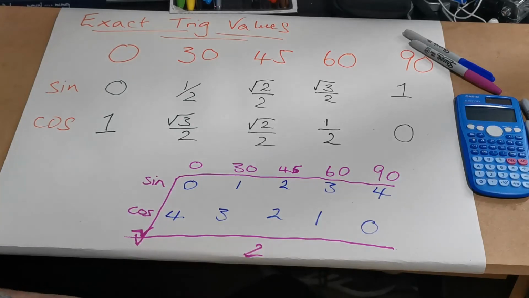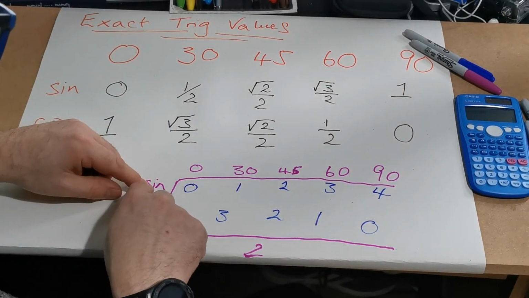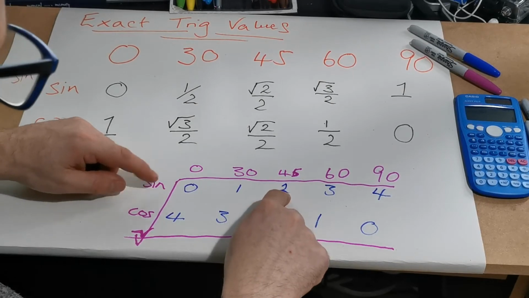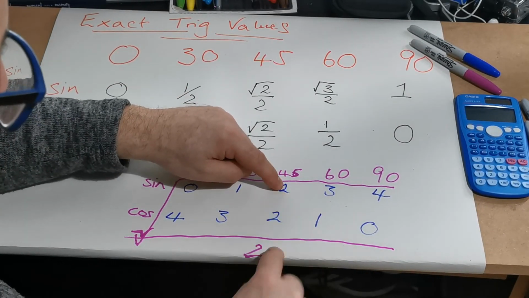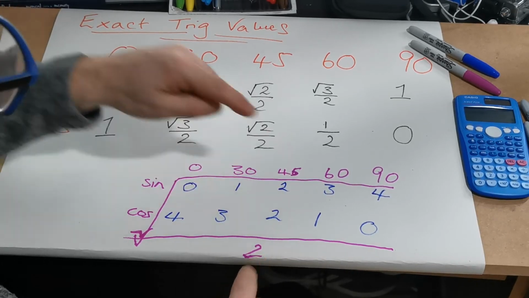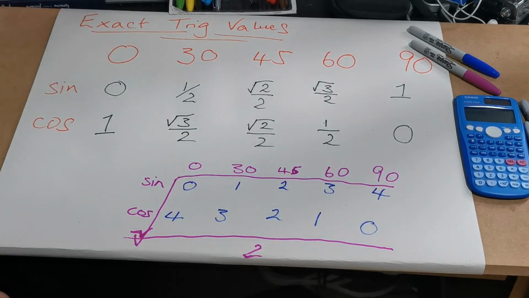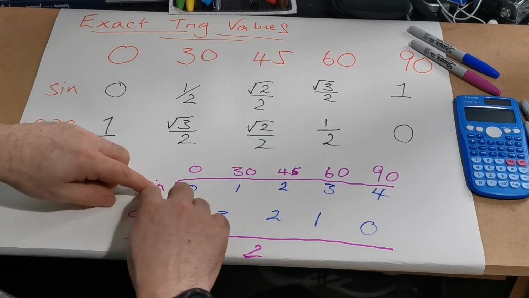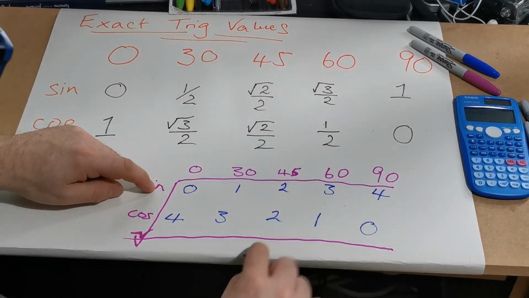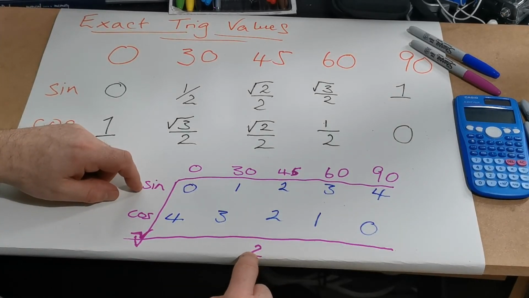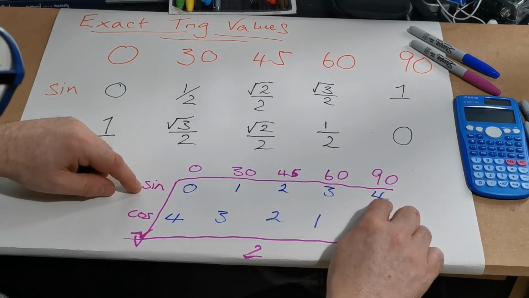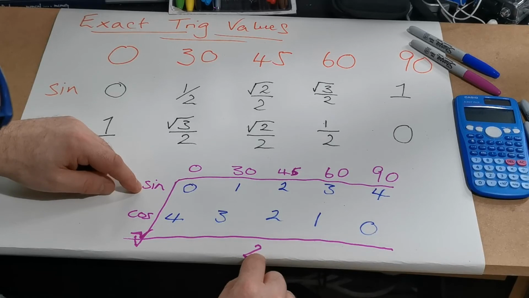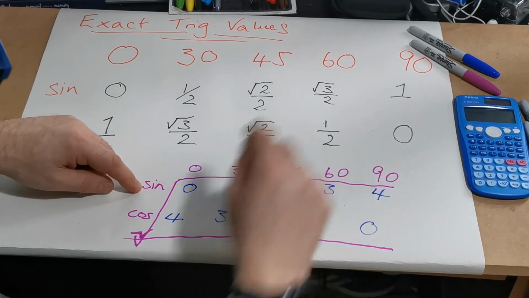So if you asked me what sine 45 was, I would say it's 2, but that's in the square root bit, so it's the square root of 2 divided by 2. If you needed sine 60, the square root of 3 over 2. Now sine 90 is the square root of 4, which is 2, divided by 2, which is 1, which works.